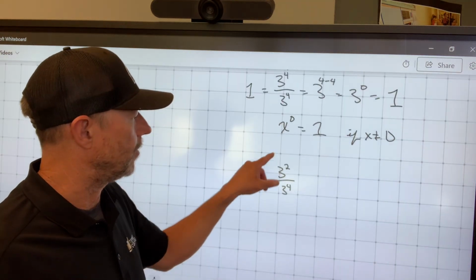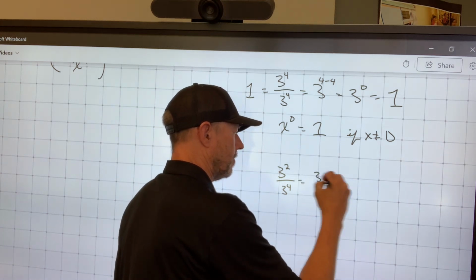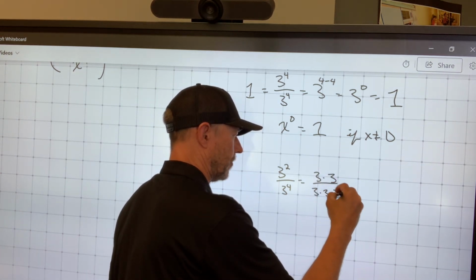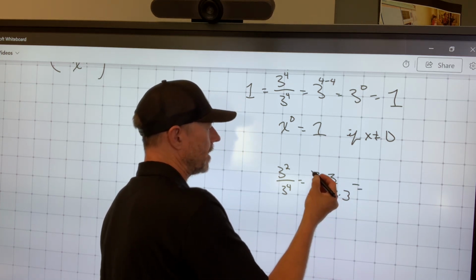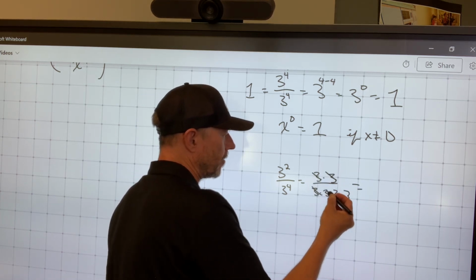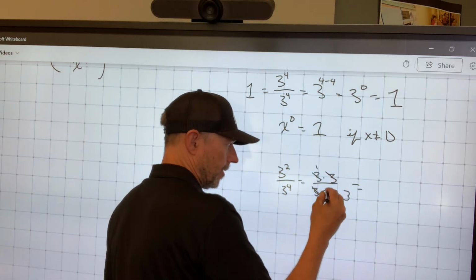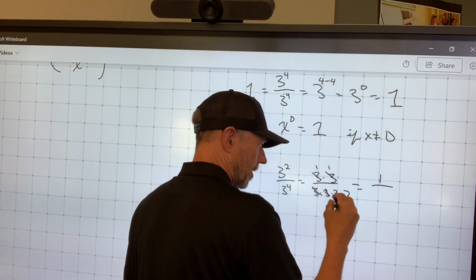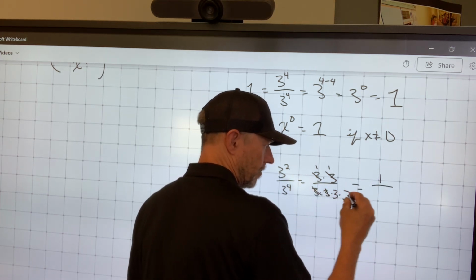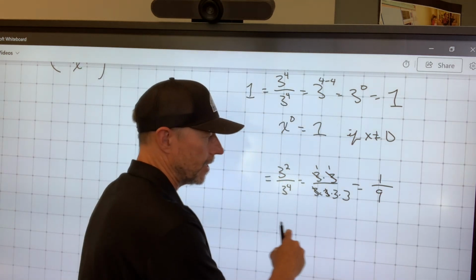Now, what if we put it upside down, where we have 3 times 3 over 3 times 3 times 3 times 3, where clearly now we're taking 2 from the top away from 4 in the bottom. That's going to leave us 3 goes into 3 one time, 3 goes into 3 one time, 1 times 1 is 1, over, these are gone because 1 times 1 is 1, times 3 is 9. So the rule now can be stated 2 ways.